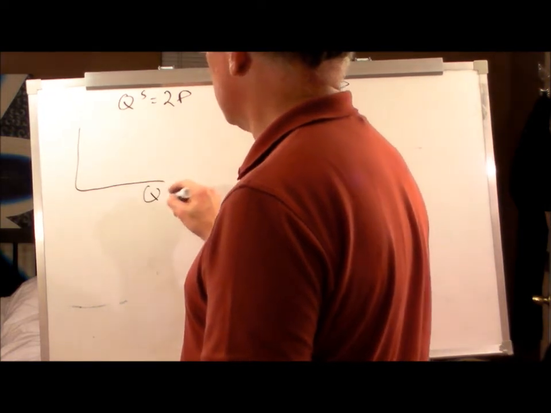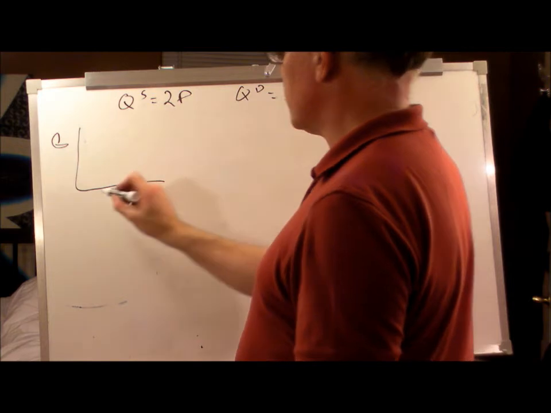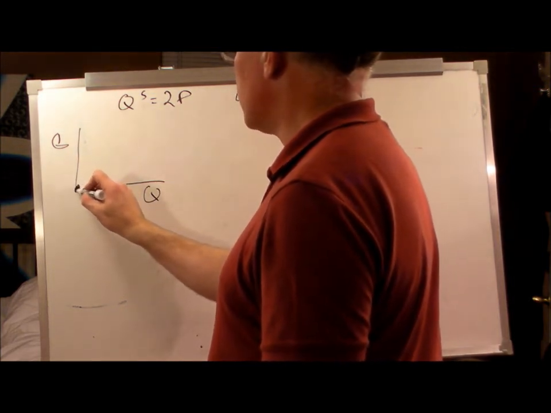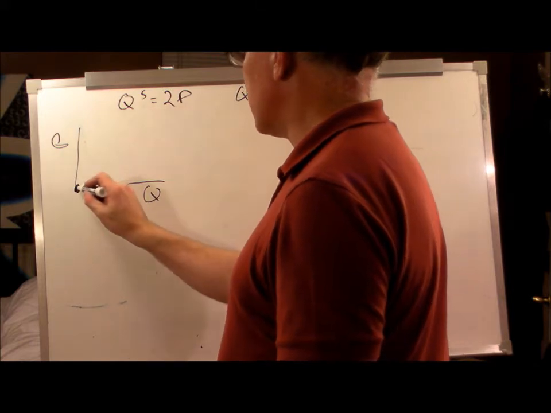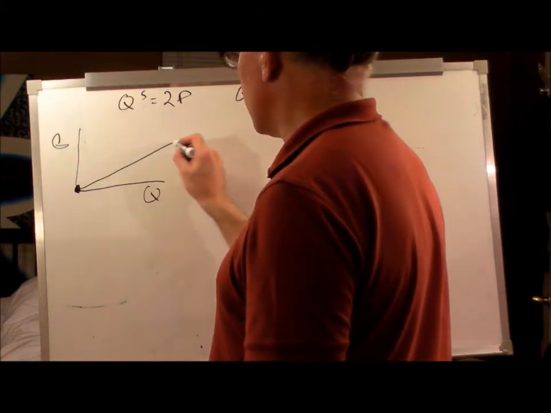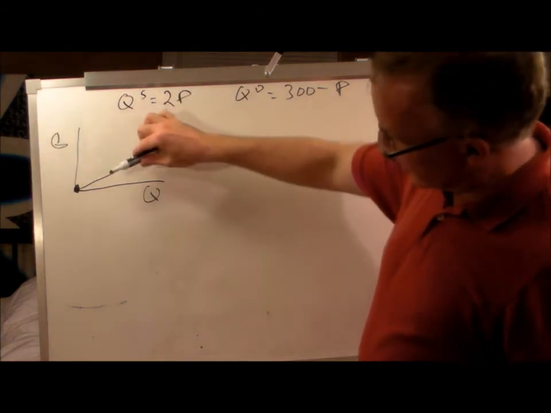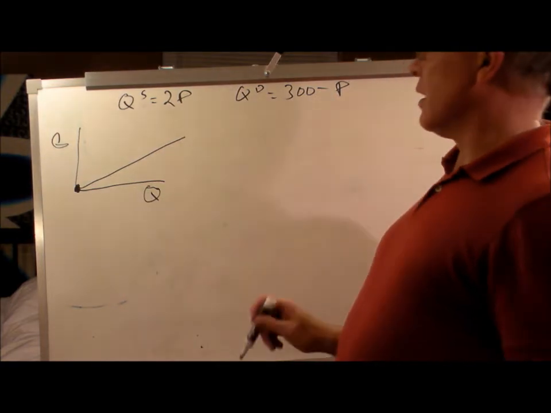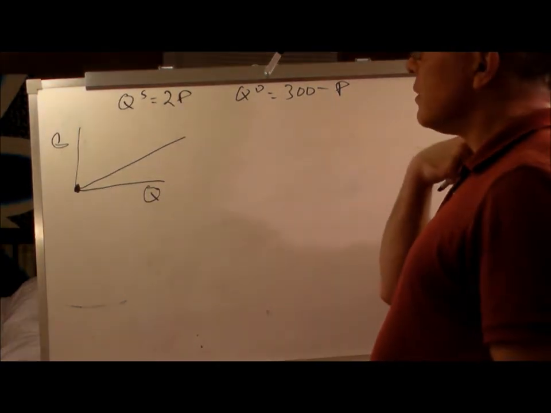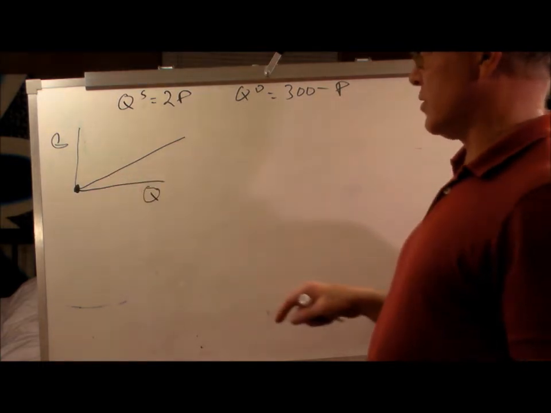We're going to have our quantity and our price, and so quantity supplied equals 2 times P. So when P is 0, the quantity supplied is going to be 0, and we're just going to have a line that's going to go right up with a slope of a half, because obviously the quantity is on the x-axis, and so we're going to have twice the quantity every time the price goes up.